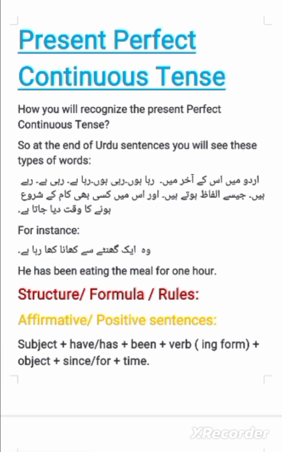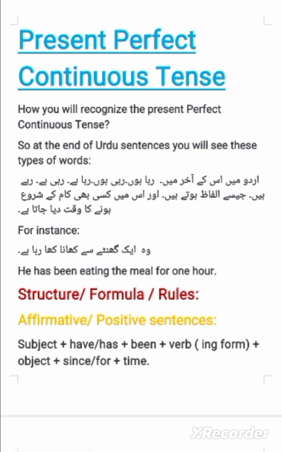Okay, so there will be given the time. So you will see at the end of the Urdu sentences these types of words: raha hu, rahi hu, raha hai. It's just like the continuous identification. Okay, rahi hai, rahe hain. So these types of words will be used, but what is the difference? The difference is only that in these types of sentences you will also see the time.